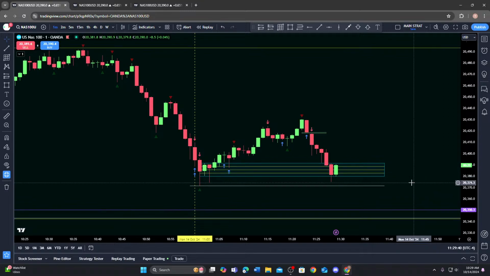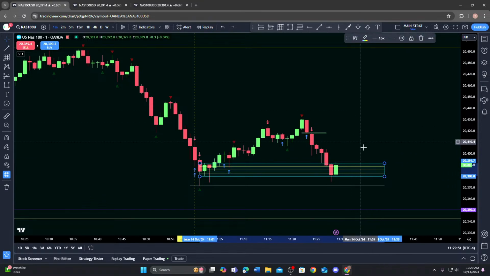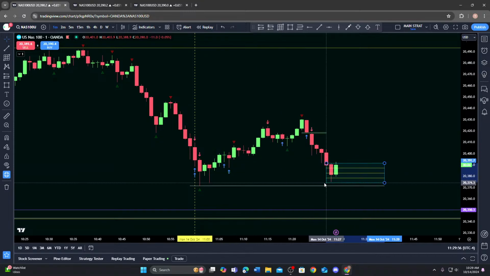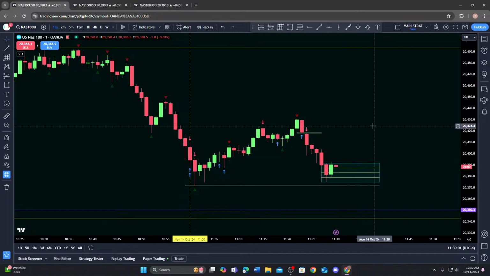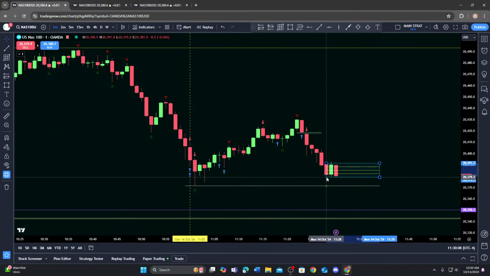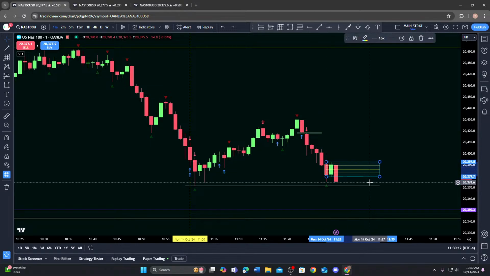All right, now what we're going to want to see is price move up above here, and then we can look at trading off of this guy here. So now price should respect this.